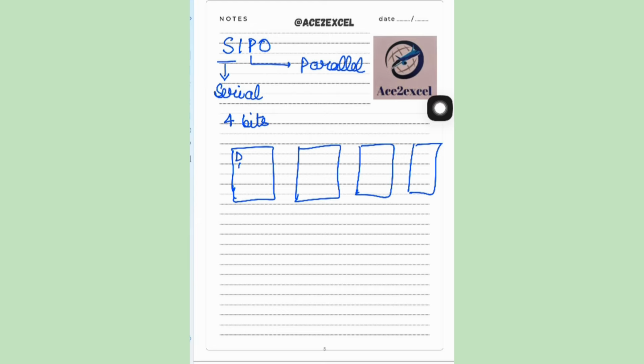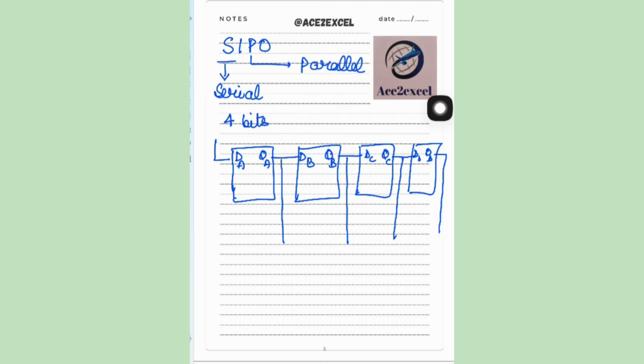Type of flip-flop again D. So we'll quickly label it. Now data comes serially in, that means serial connection needs to be done, and data comes out in parallel, that means tapping out of output should take place.